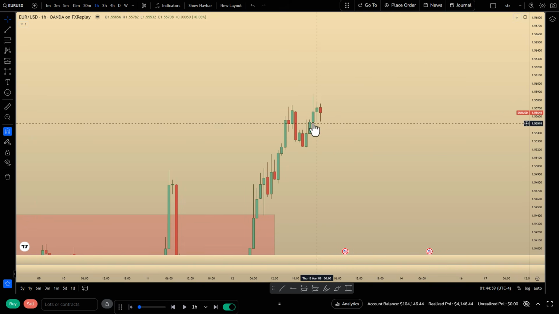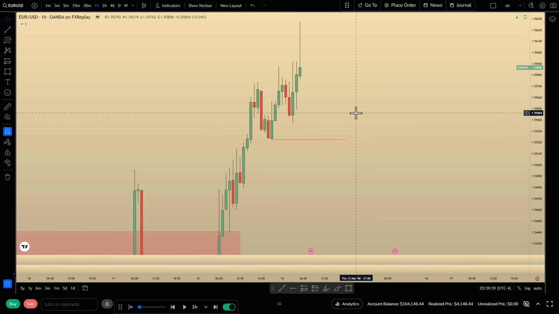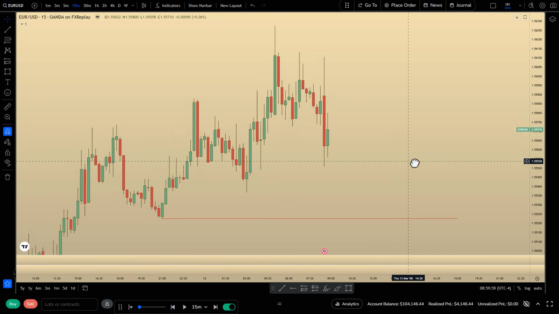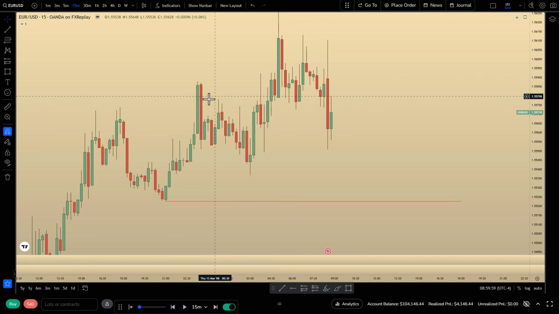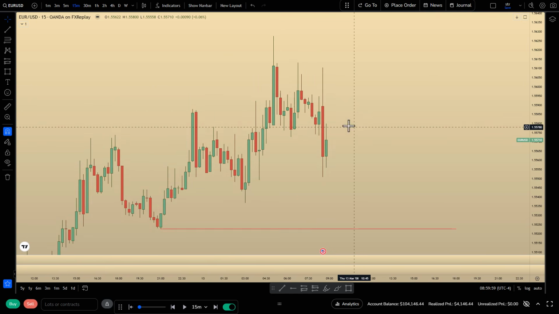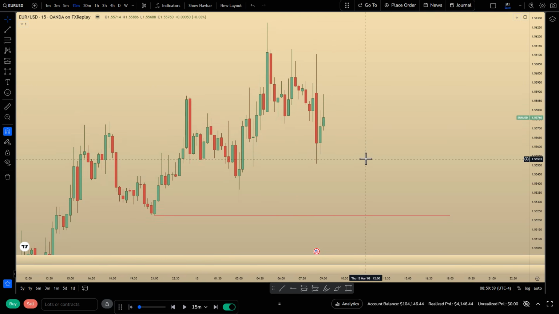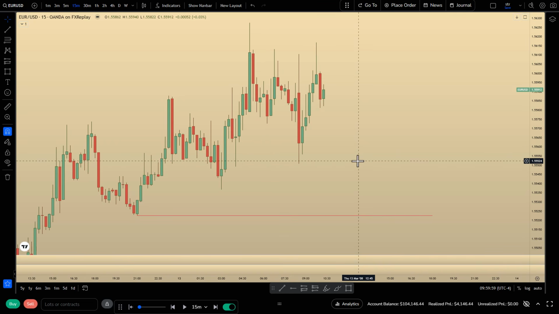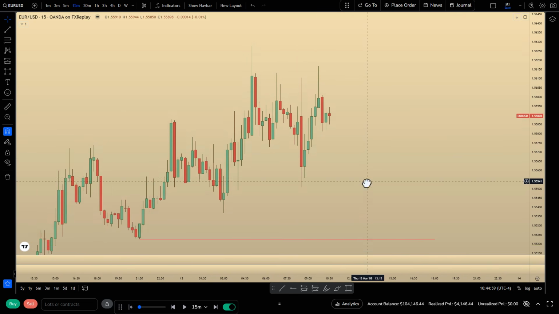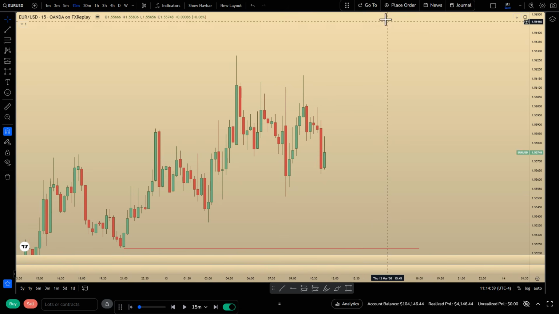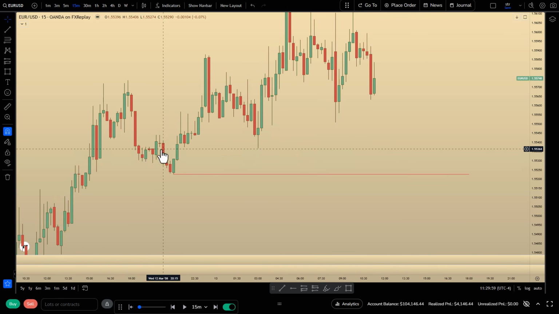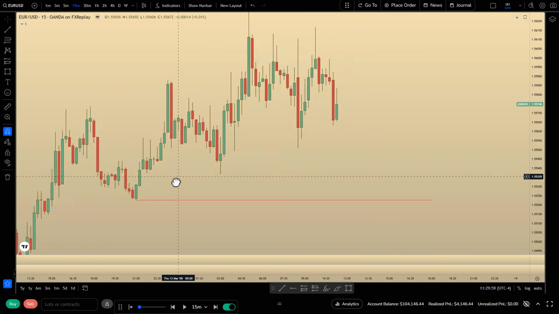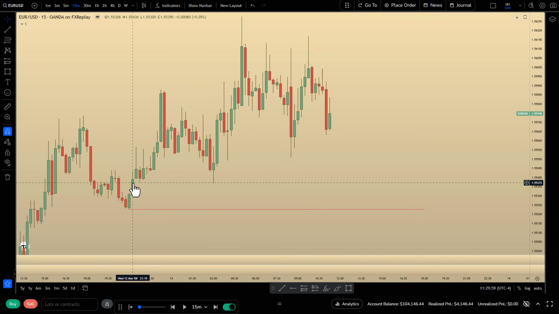Next day open. Messy structure right here, as the structure is not really clean. We have a lot of wicks. This is the most obvious low, but we're gonna see.